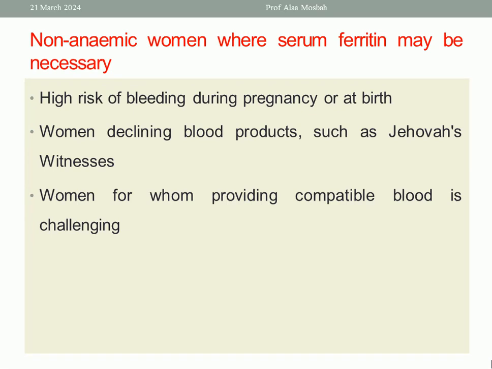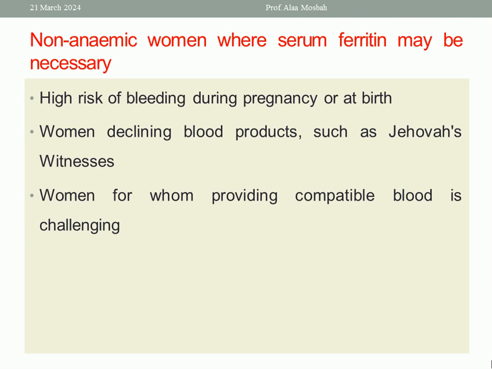The guidelines say serum ferritin should be done in non-anemic women in these situations: those at high risk of bleeding during pregnancy or at birth, and women declining blood products, such as Jehovah's Witnesses, a special group of women who, in their belief, never accept blood transfusion or blood products or packed RBCs.